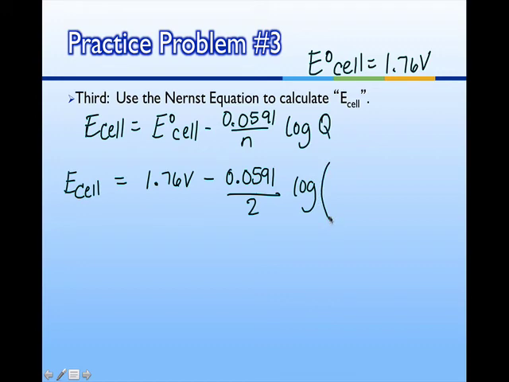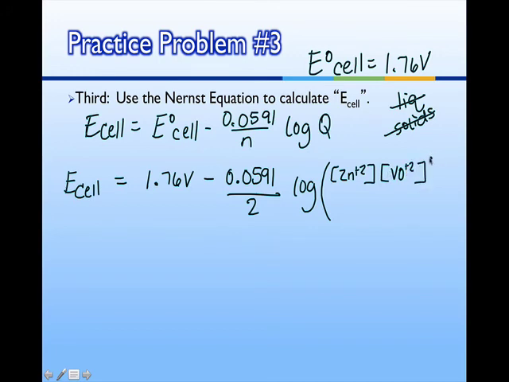For Q, what I'm going to do first is just write what you should have for the concentrations when we go to plug this in, so you can see where everything went. Products over reactants. Do not include liquids, and do not include solids. Remember, those things don't have concentrations. We don't include those in Q's and K's. So just the aqueous things, just the ions. So I have zinc ions, and I have the VO 2 plus.